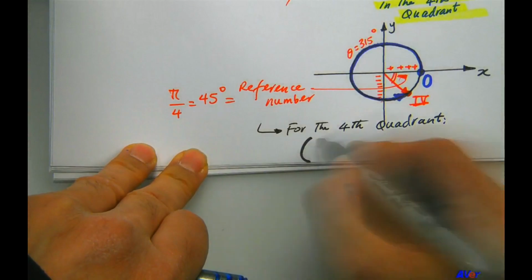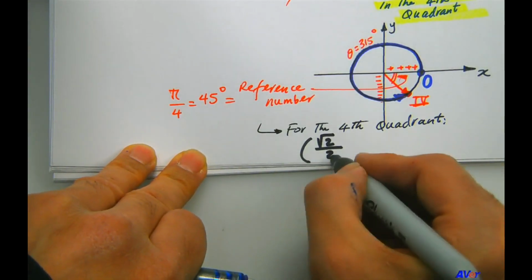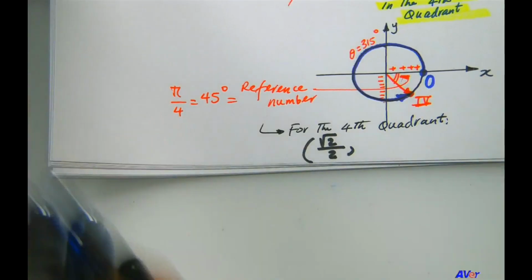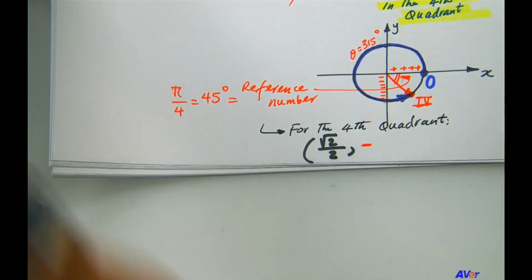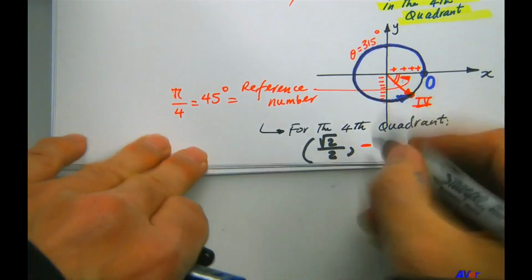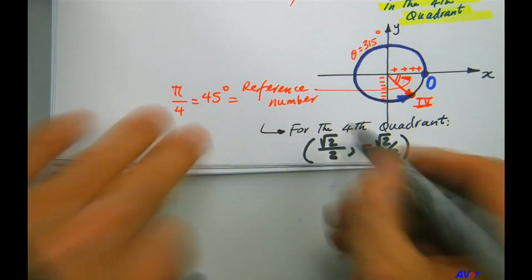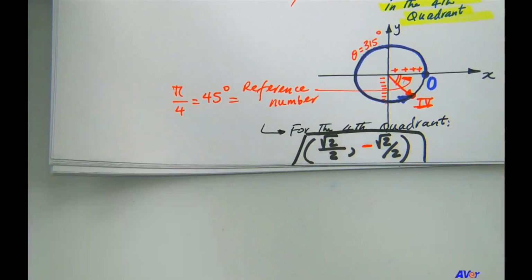The x values are positive, so square root of 2 over 2, comma, the y values are negative, so let me make this with red, minus square root of 2 over 2, like that. Okay.